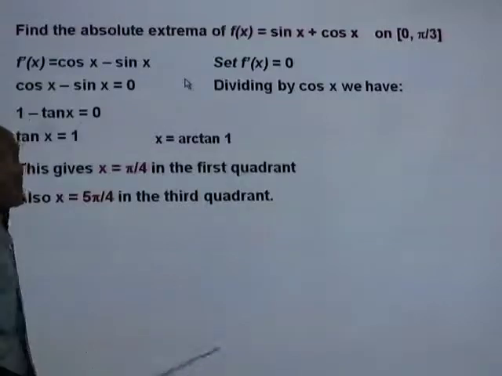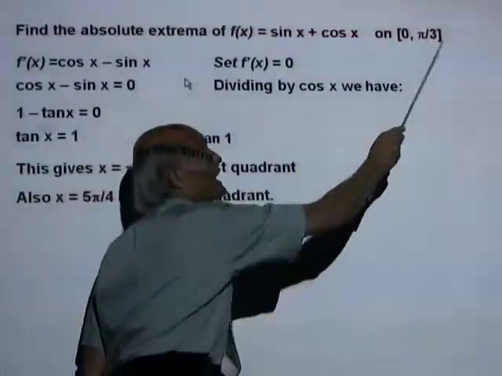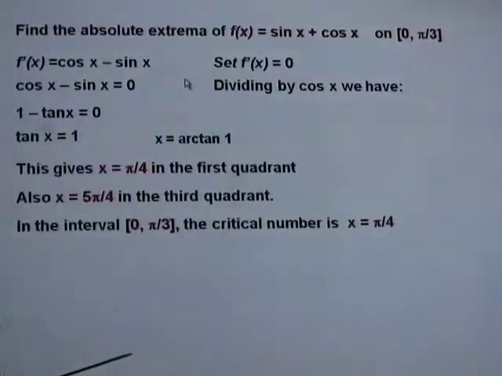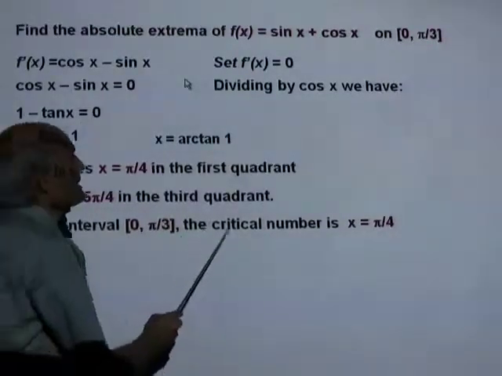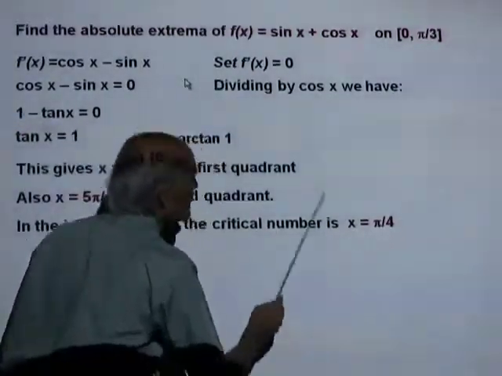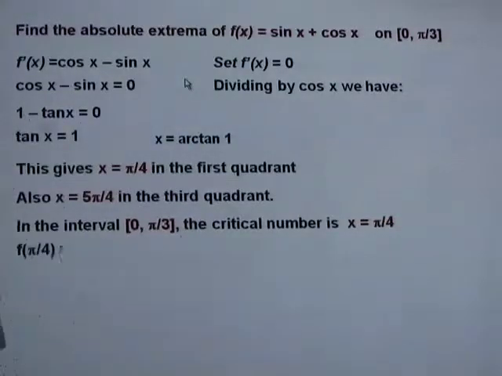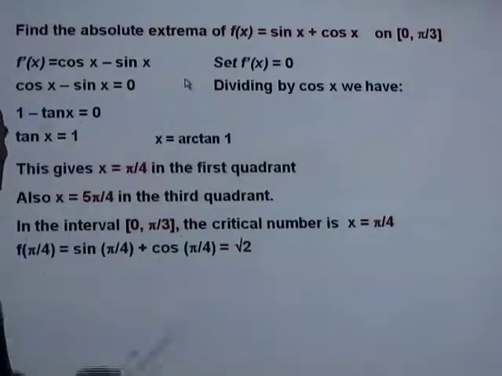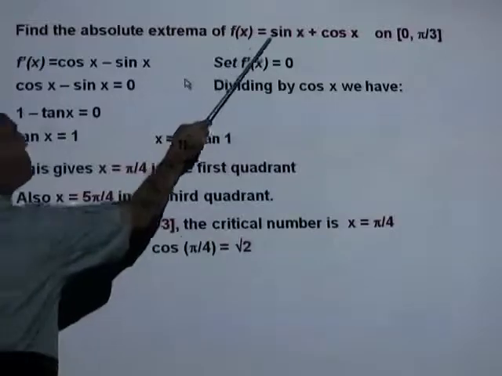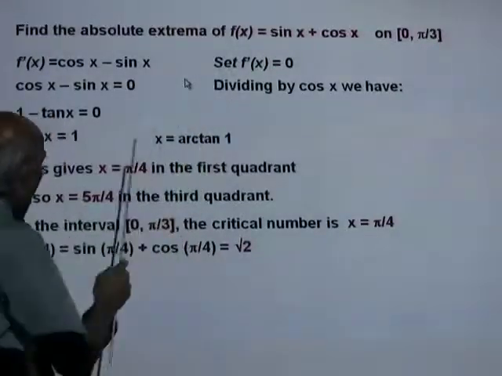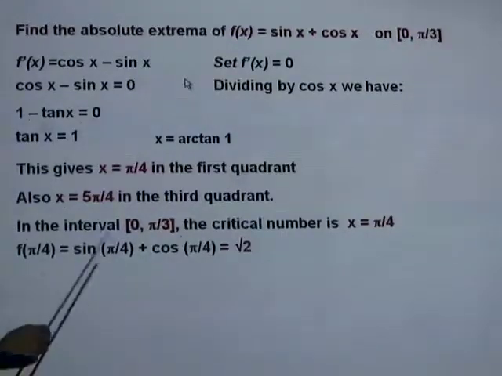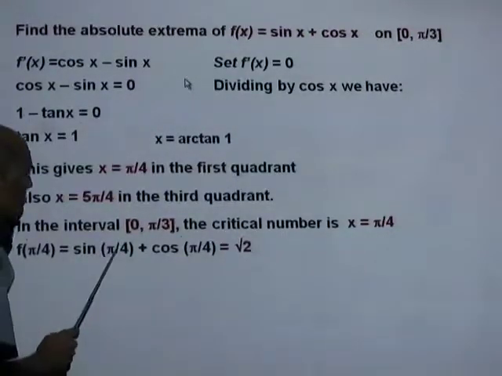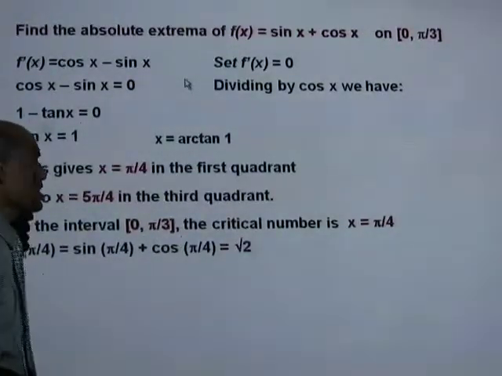That is the third quadrant. That is outside our interval. So, on the interval 0 to pi by 3, the critical number is only pi by 4. And therefore, let's evaluate the function. Find the value of this function at the critical number x equal to pi by 4. That will be sine of pi by 4 plus cos of pi by 4.